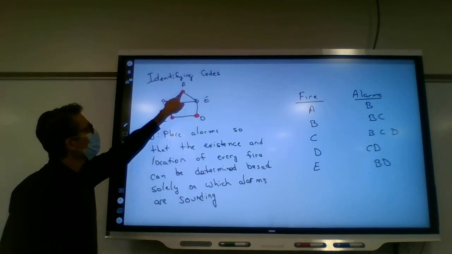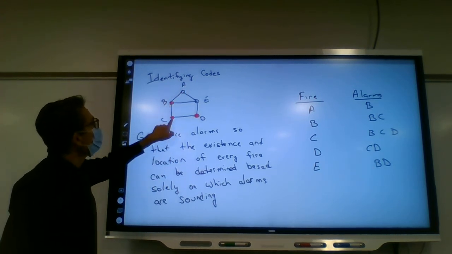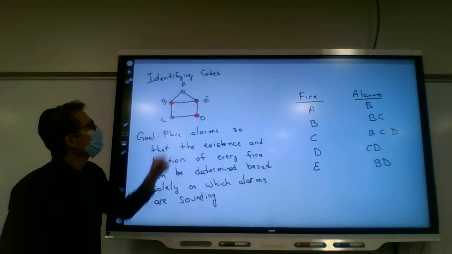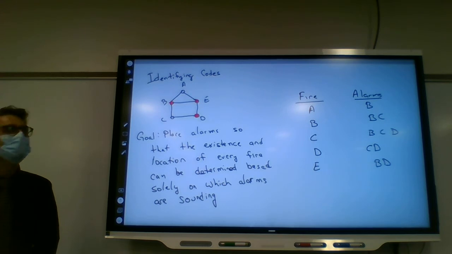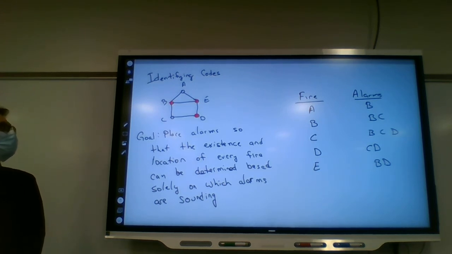And it doesn't tell us where it was. What if we put that one there? Does that work? Which alarms go off if the fire is in A? B and E. What if the fire is in B? B and E. All right?